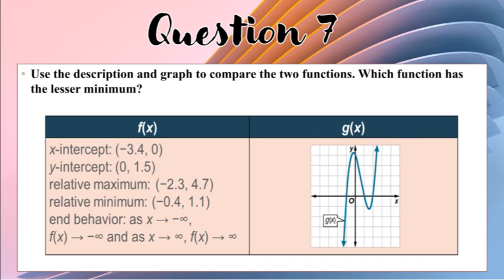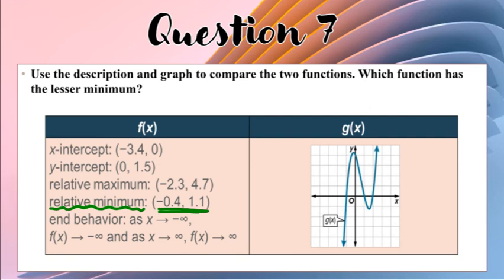Question 7. Use the description and a graph to compare the two functions. Which function has a lesser minimum? Which means which one goes lower as a minimum. So here we have a relative minimum. Here it says that it's at negative 0.4 and 1.1.